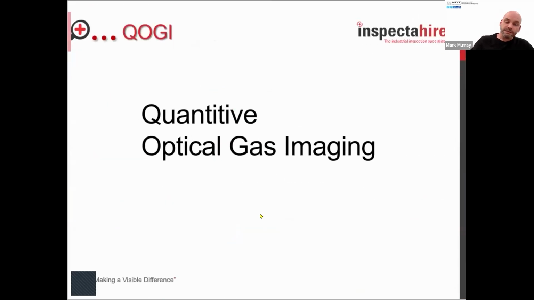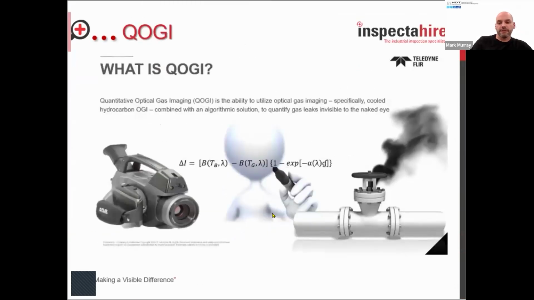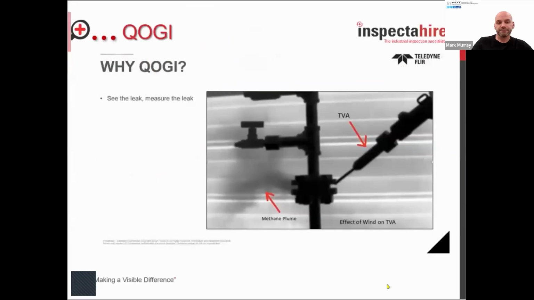So quantitative optical gas imaging then. What is it? So the delta I is the change in intensity at a pixel level as the pixels move across the field of view. So basically the camera is counting the pixels and doing a fancy algorithm to give us a result.